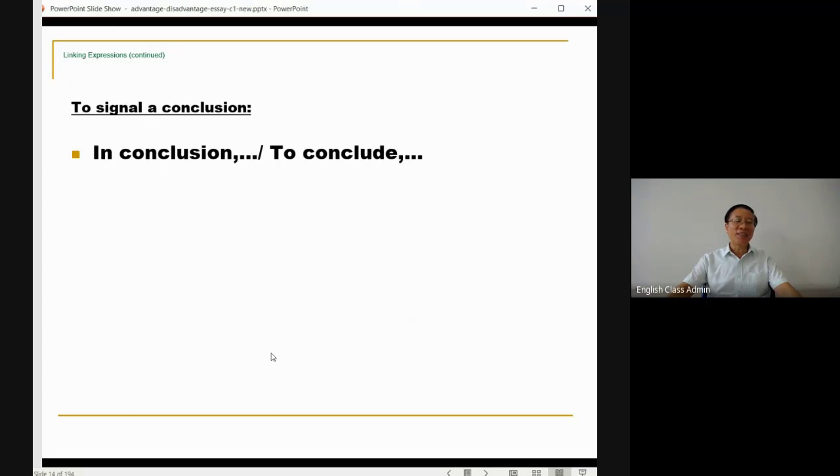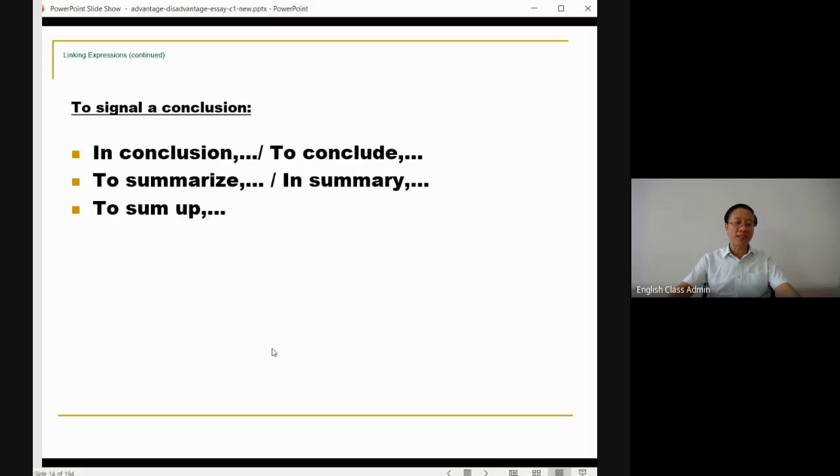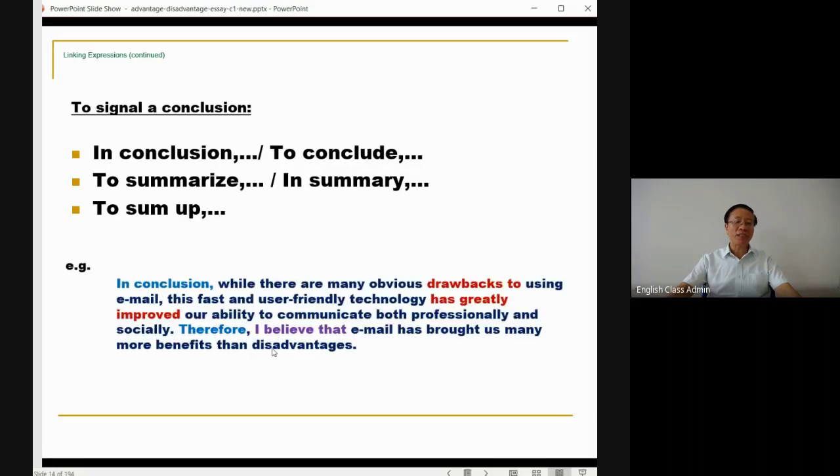In order to signal the concluding paragraph, you can use in conclusion or to conclude, to summarize or in summary, to sum up. So we have so many useful expressions for conclusion.